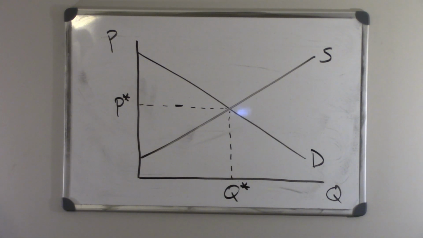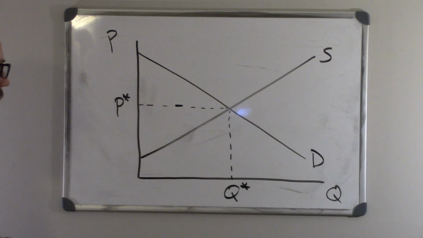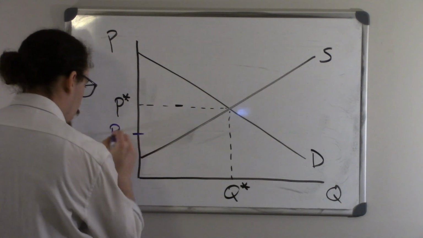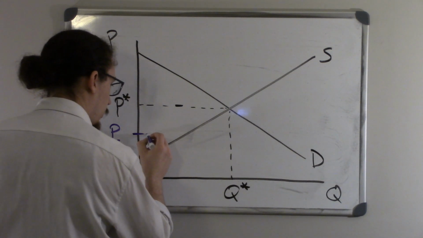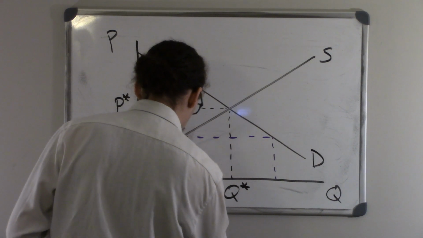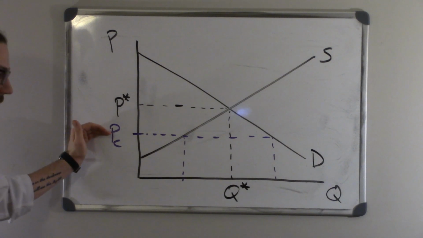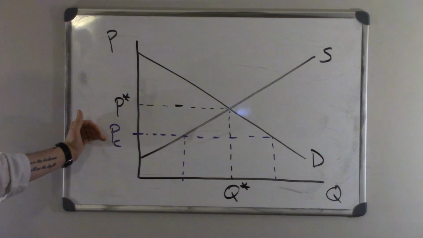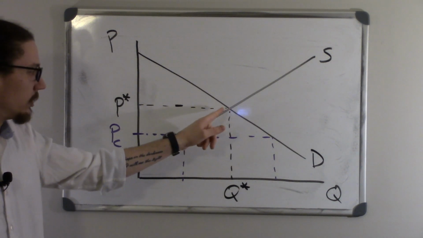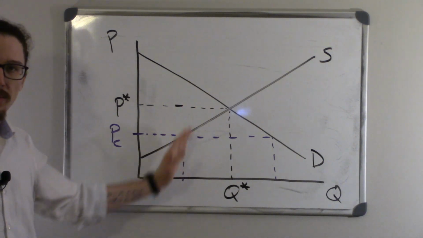Right, so if we have a price ceiling, and we know that a binding price ceiling has to be below the equilibrium price, I'll go ahead and draw in our price ceiling here with this purple marker. And so we can see it's a ceiling because the market would like to push up to equilibrium, but we can't go past that price control, that price ceiling.